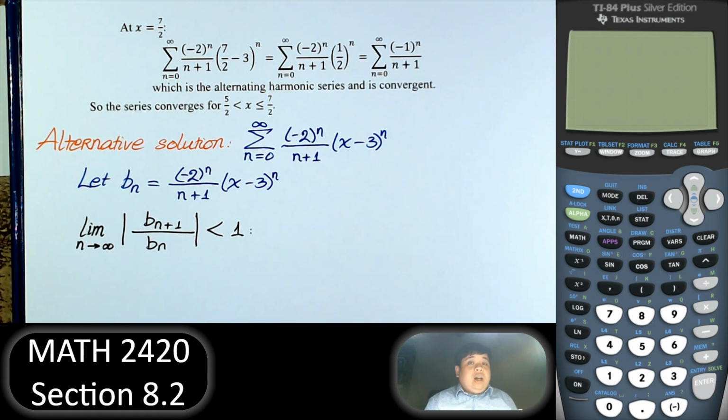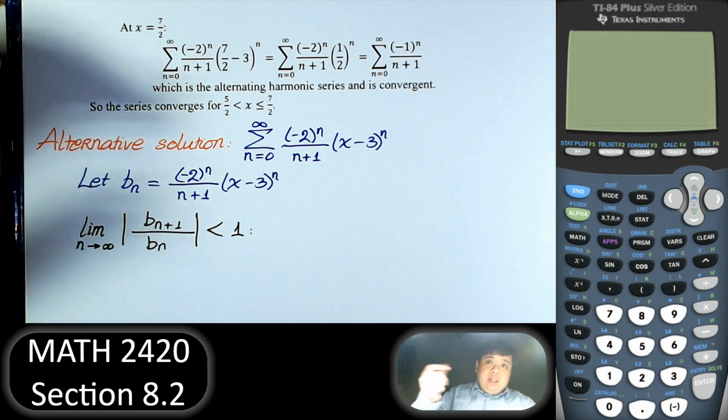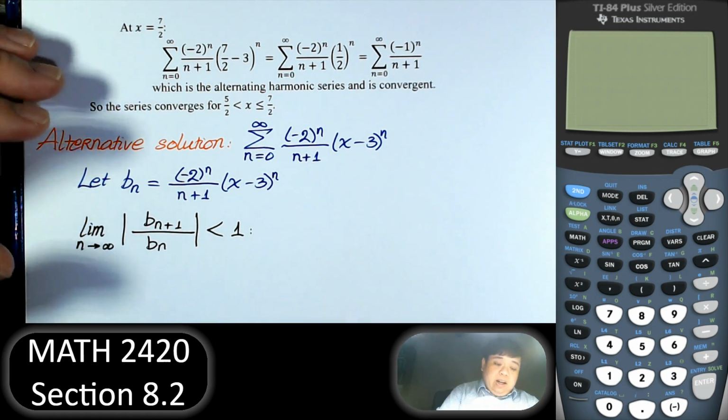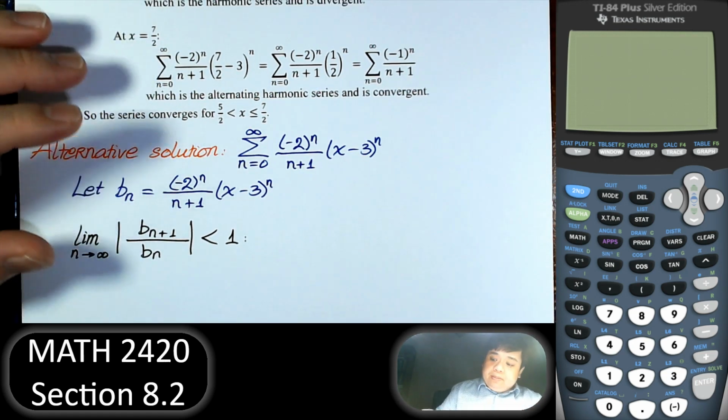If it is equal to 1, it will be inconclusive. If it is bigger than 1, it is divergent. Right. And it makes sense, right? Because if the next term divided by this term is bigger than 1, the next term could be bigger than the previous term. Therefore, the terms just keep getting bigger and bigger. In that case, we do not have a finite sum.